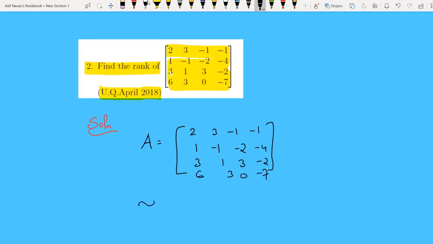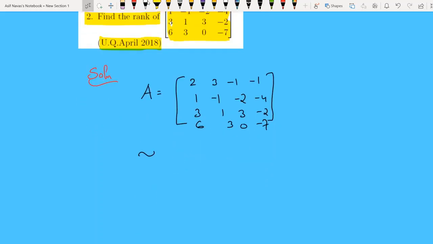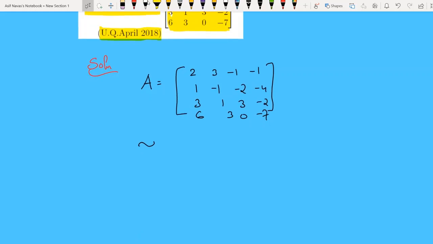Okay, so now what is the pivot here? The first non-zero leading entry, 2, right? So now we will write the pivot row as 2, 3, minus 1, minus 1, and we have to make this 0.